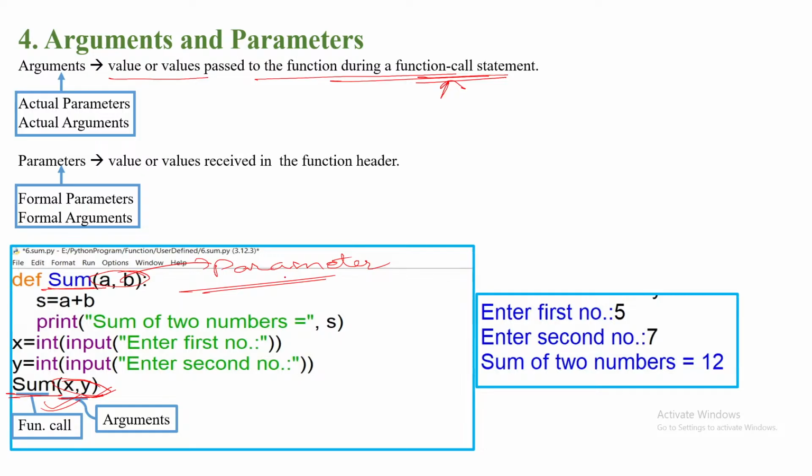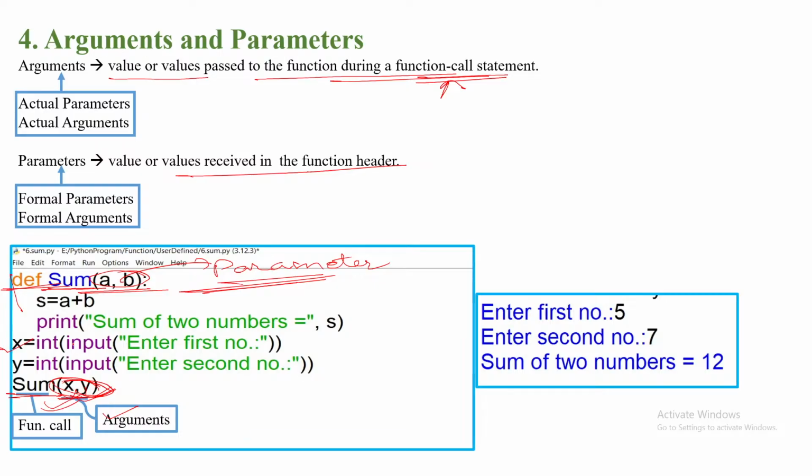In the function call, we are passing the variable, this is called an argument. Whenever in the function header we have any variable, this is called a parameter. So that is why the value is received in the function header. Because the system will not check from where def has been written, this is user defined, then it will come here.